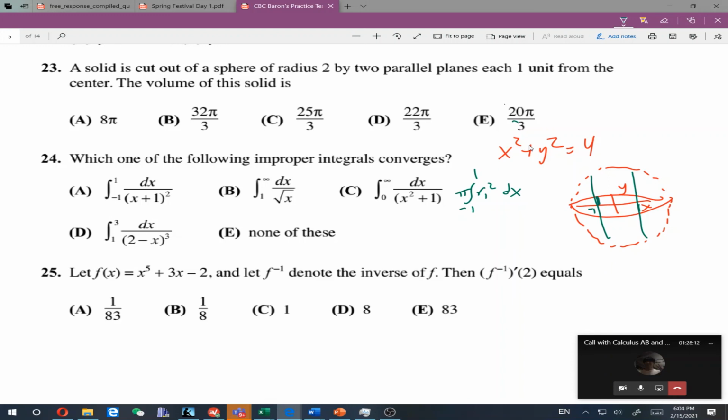Okay, my r1 is my distance, my change in my y values. But because that needs to be in change in x, we'll have to solve for y using our equation. So y squared is 4 minus x squared. Since I'm squaring my y already, I can substitute that in. So I've got pi times the integral from -1 to +1 of 4 minus x squared in terms of x.